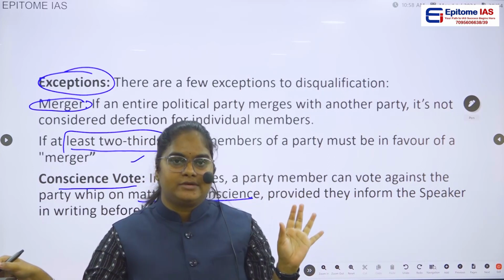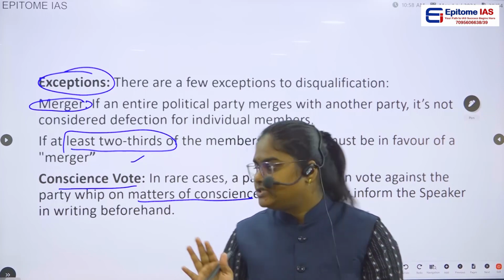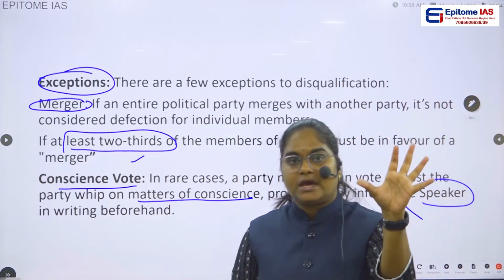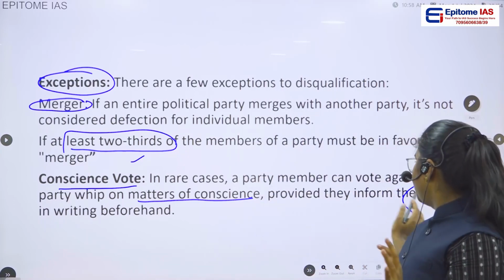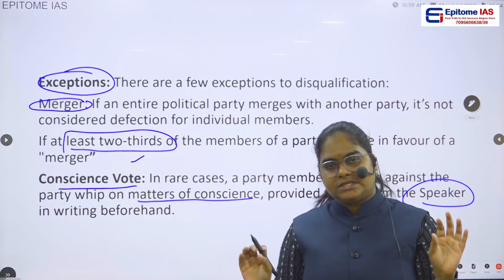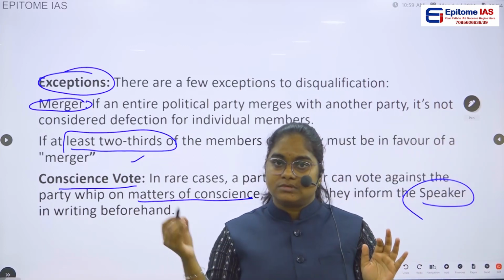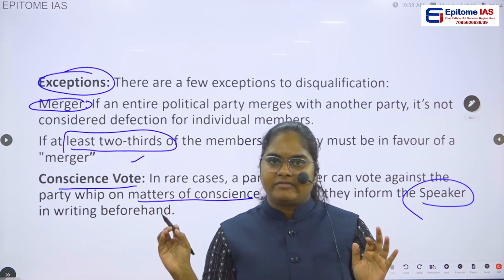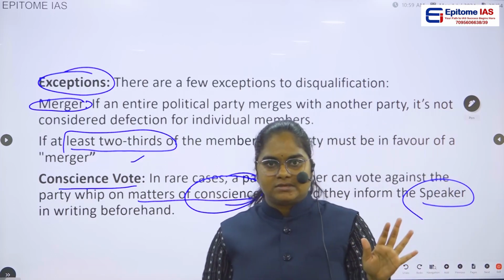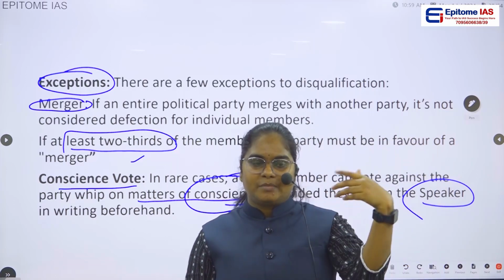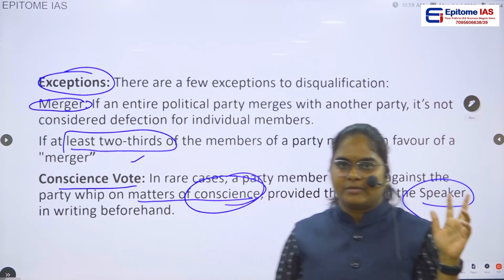He has to get permission from the speaker or the chairman of the particular house beforehand, and if he gets this permission, then he can vote against the party's whip. Then there is no issue, he will not be disqualified. So these are some of the rare cases where the matter is of conscience. Only in that matter, people can vote against the party whip, and that too only with written permission from the speaker or chairman.